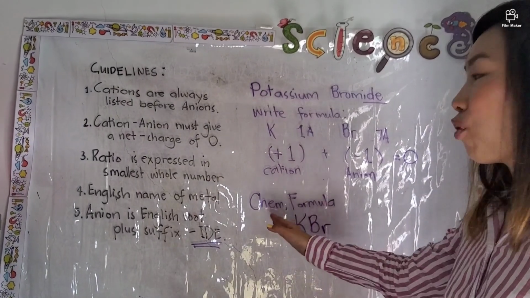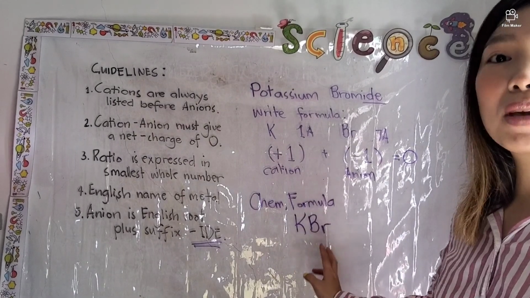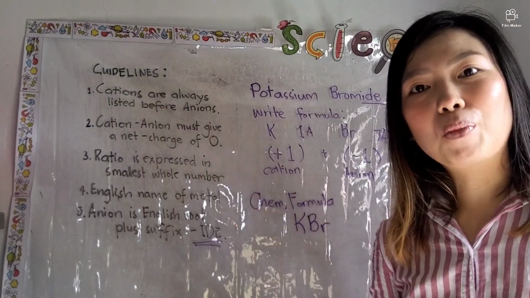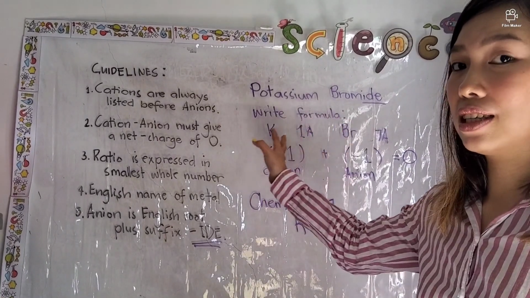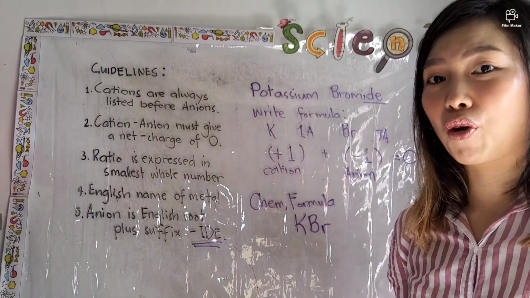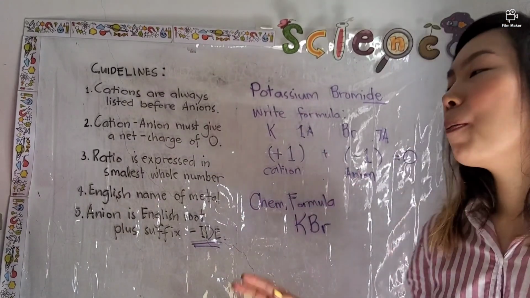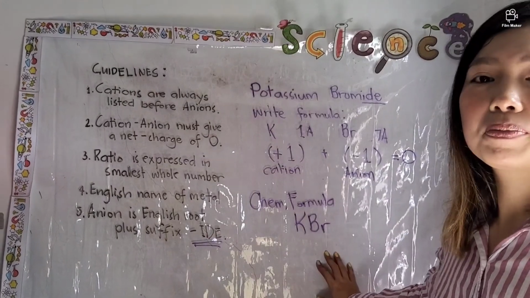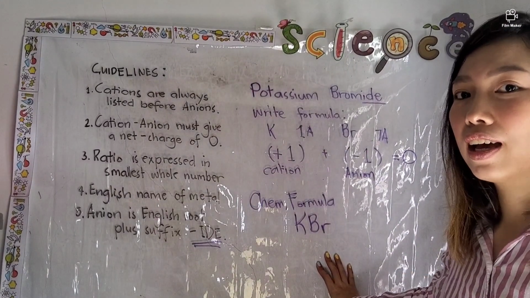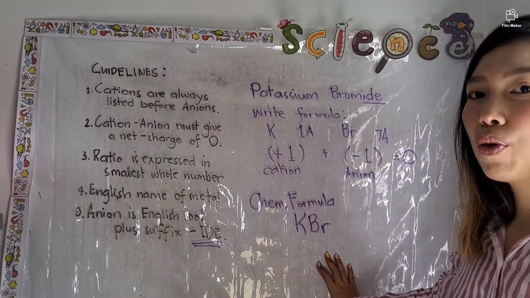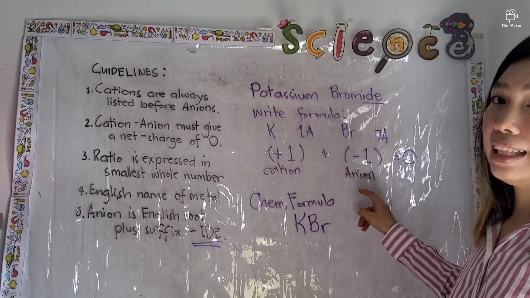Ngayon, dahil chemical formula na ang ginagawa natin, magkadugtong na ngayon o magkatabi na ang dalawang symbol na potassium at bromine. Hindi kagaya dito kanina na magkahiwalay. Since hinahanap natin ang kanilang chemical formula as a whole, as magkasama, as chemical bonding, magkatabi na ngayon ang kanilang element.